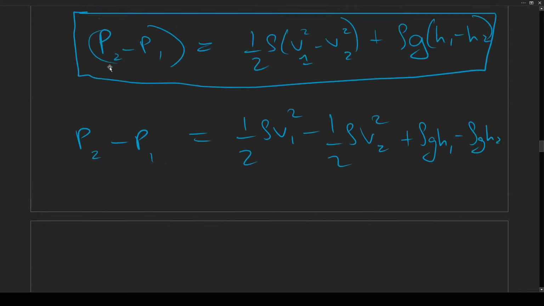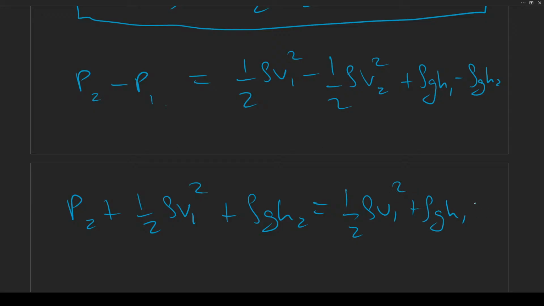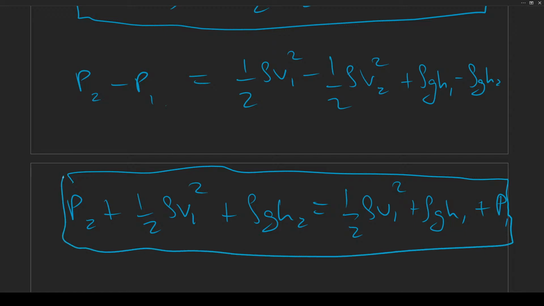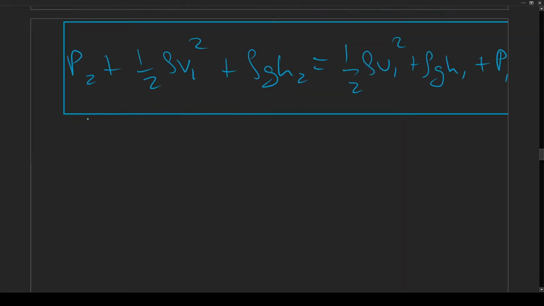Sending all the negative signs to the other side, we get P2 plus half rho V2 square plus rho GH2, which is equal to half rho V1 square plus rho GH1 plus P1. P1 got sent to that side. This is the complete Bernoulli's equation.